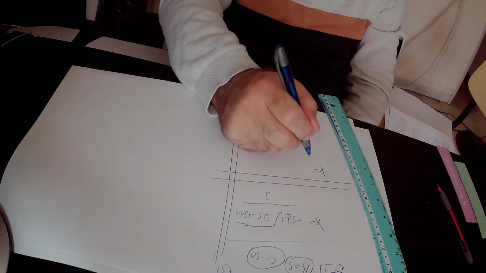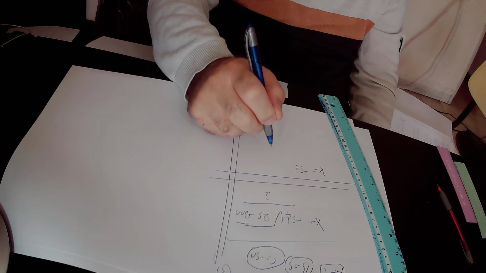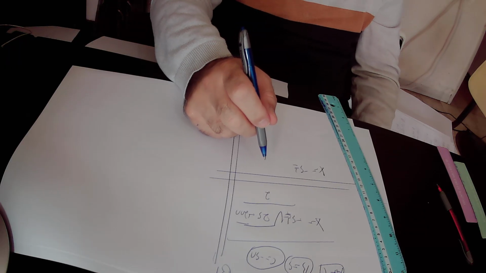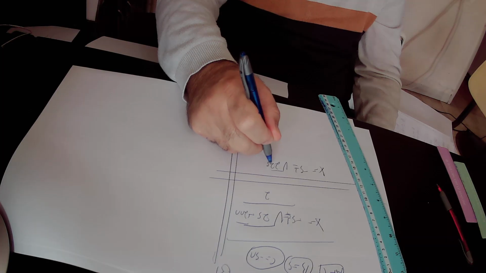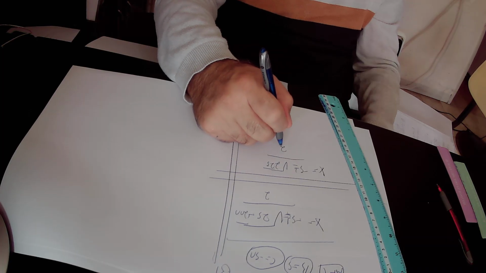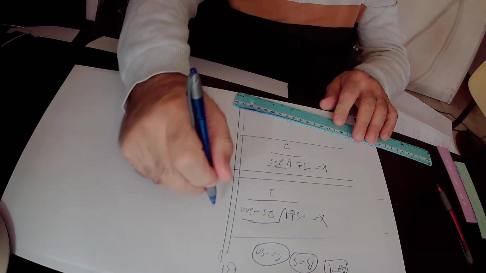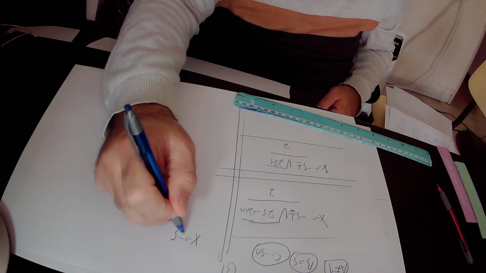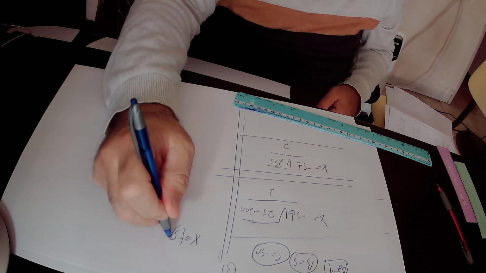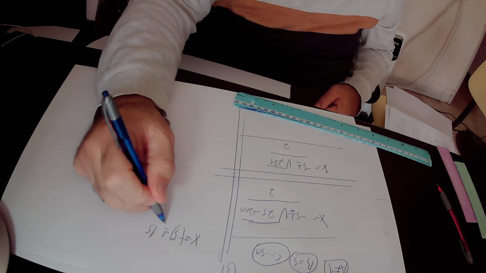So x equals minus 5 plus minus, 25 plus 200 is 225, divided by 2. So x equals minus 5 plus minus, the square root of 225 is 15, over 2.